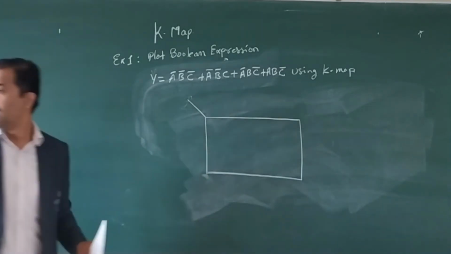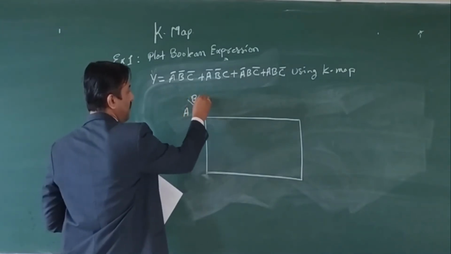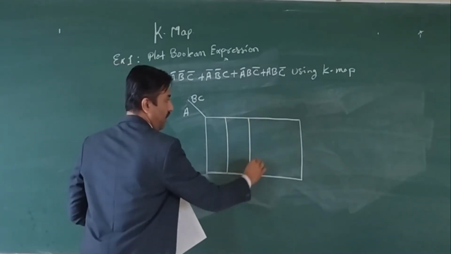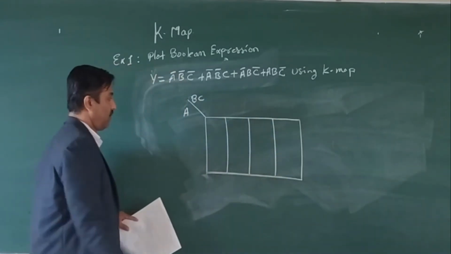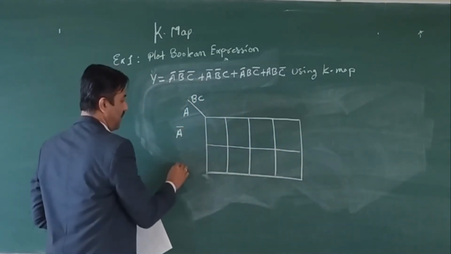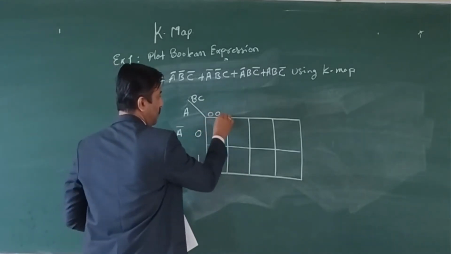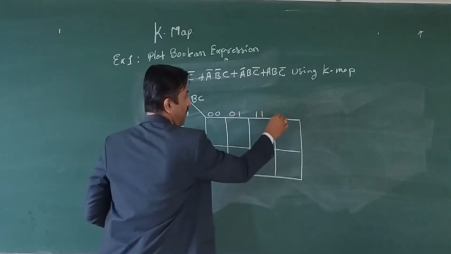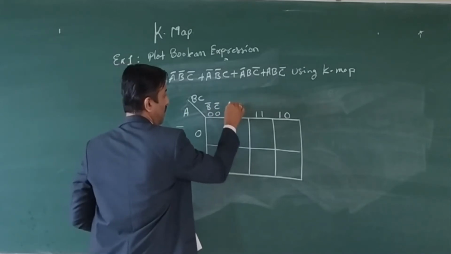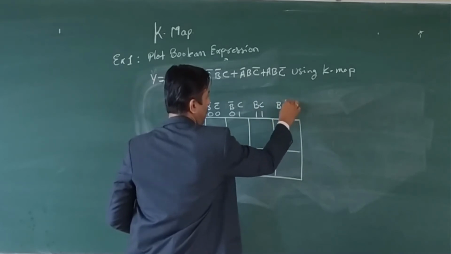Now, if you look into the variables that I have used, A, B, C: 0, 0, 0, 1, 1, 1, 1, 0 across the top for B C, and here A bar and A, 0 and 1. So the cells are B bar C bar, B bar C, B C, B C bar.